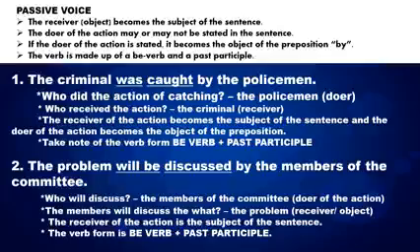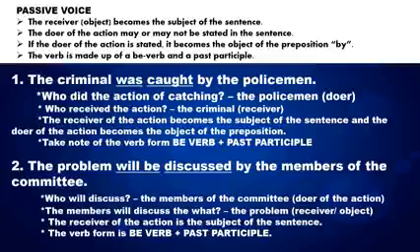Okay, second sentence. The problem will be discussed by the members of the committee. Who will do the action of discussing? Is it the problem ang madiscuss or the members of the committee? So the doer of the action is the members of the committee. The members will discuss the what?